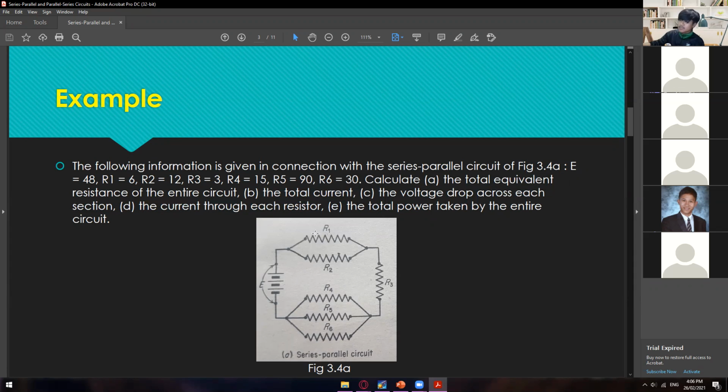So this is one section, this is another section, and this is another section. So we only have 3 sections, okay? And then the current to each resistor: current for R1, R2, R3, R4, R5, and R6. And lastly, the total power taken by the entire circuit. Okay, so yeah, a lot of questions, but they are super easy.